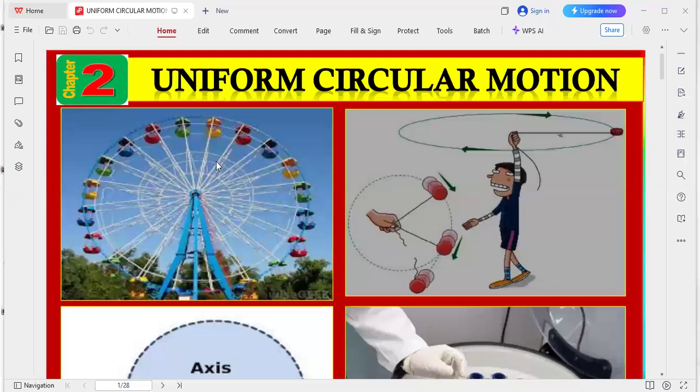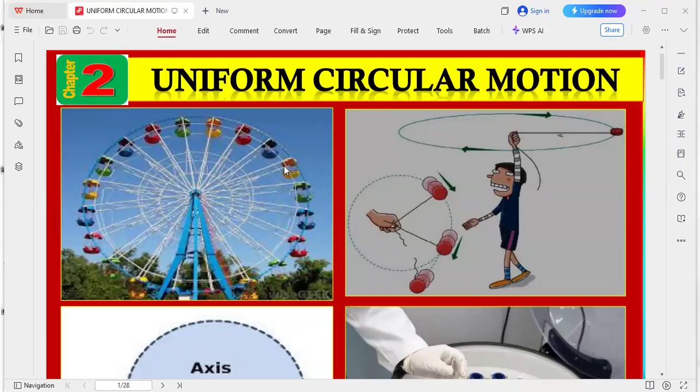So welcome to this physics lesson. I'm going to be presenting. I want us to go through uniform circular motion. So allow me to share the screen. My assumption is that you are able to see some slides on your screen.